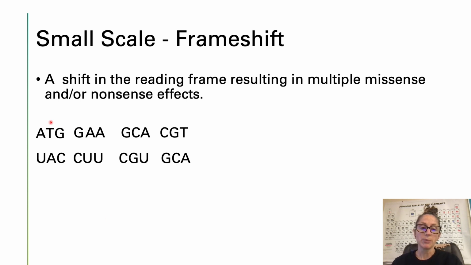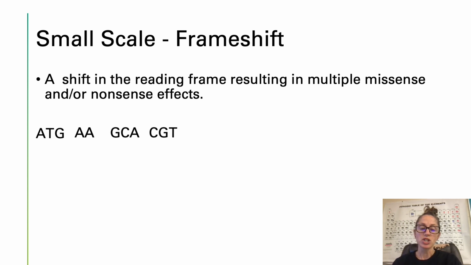So here's our example where we have our DNA sequence and we have our RNA sequence, and we are coding for tyrosine, leucine, arginine, arginine, and alanine. However, if that G is removed, everything else gets shifted up, like so.